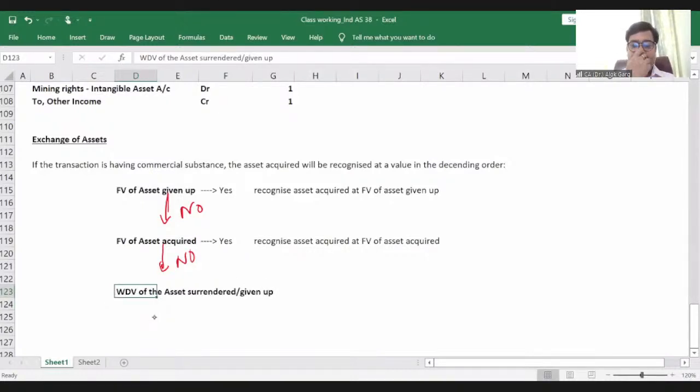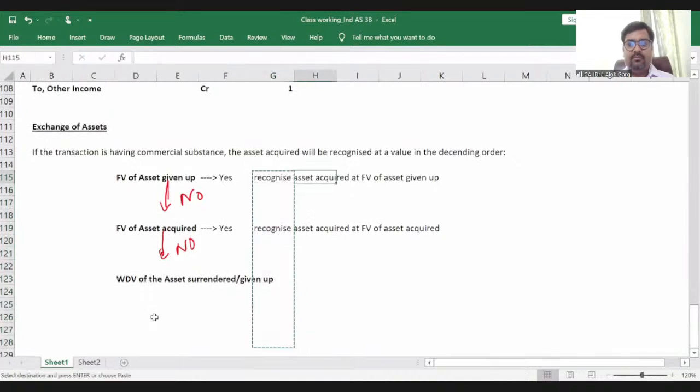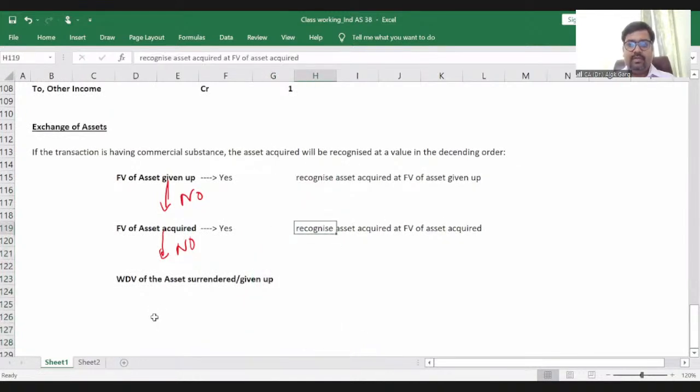If this is there, then recognize asset acquired at WDV of the asset surrendered, at WDV of asset given up. I hope it is clear to all of you now, guys.